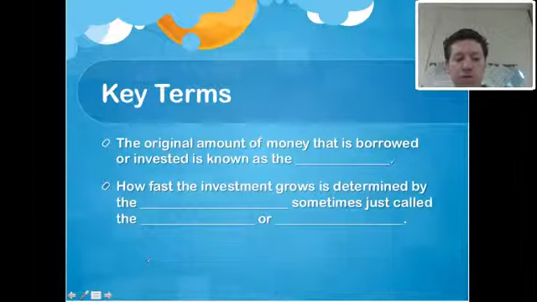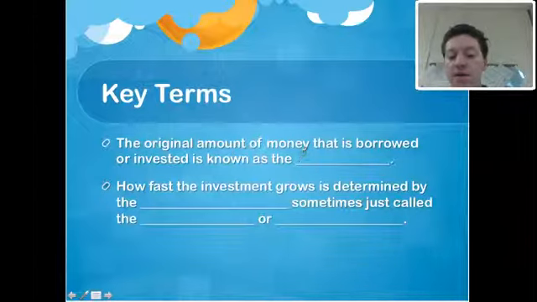Alright, some key terms that we're going to throw around in these problems. The original amount of money that is borrowed or invested is known as the principal, and this is the same spelling as the principal of a school. It's the principal amount of money, the initial amount, the money that is borrowed, invested, what have you. How fast the investment grows is determined by something called the interest rate.